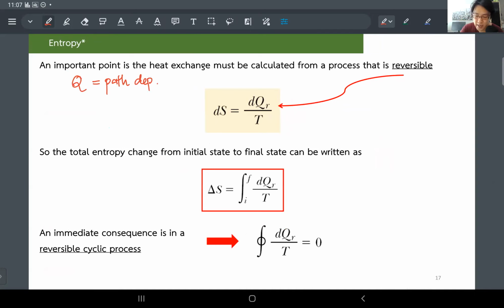It turns out it has to be the heat calculated from a reversible process. Whoa, isn't that weird? The reason it is particularly the reversible one is that, as we already said, every time you are dealing with an irreversible process, the heat involved seems to be heat that you lost forever. When I say lost forever, it means it is heat that already changed something so that you cannot take things back.